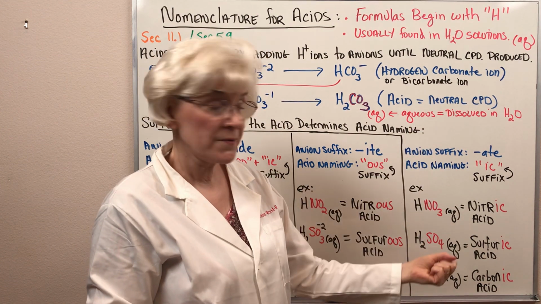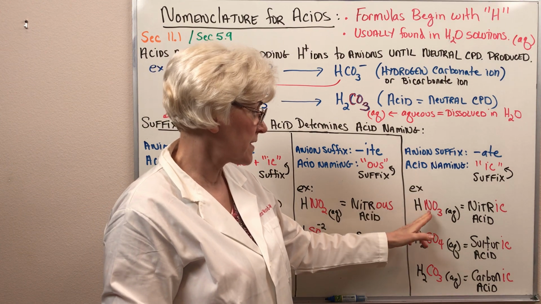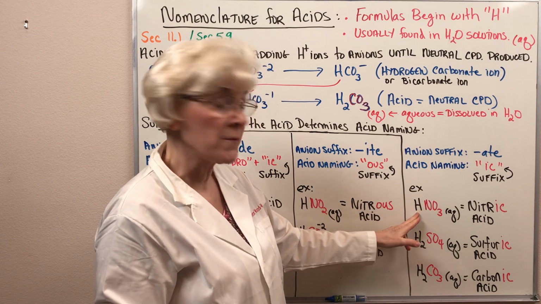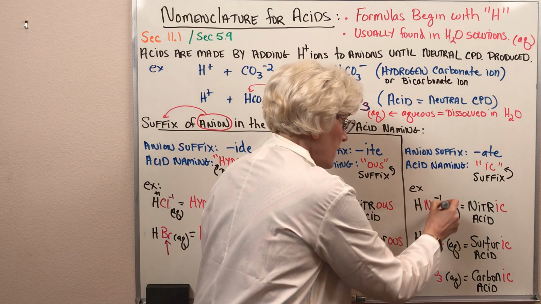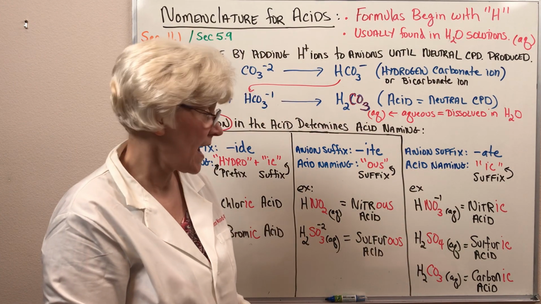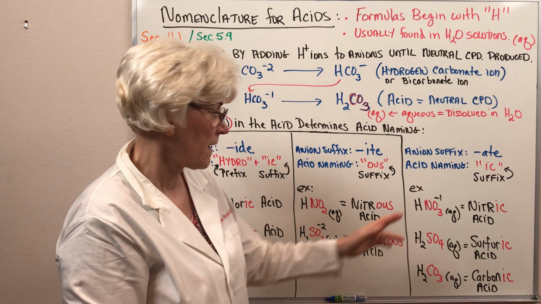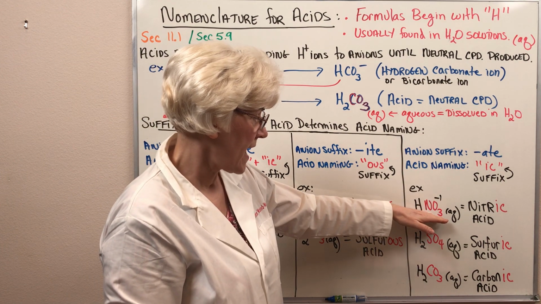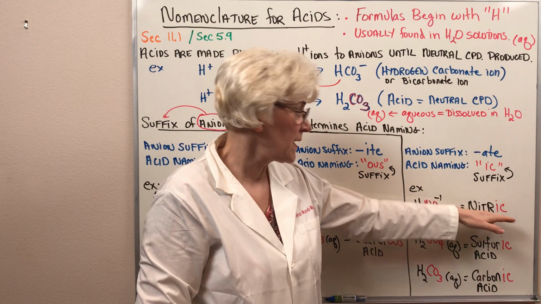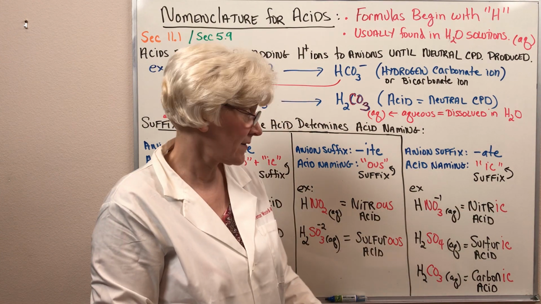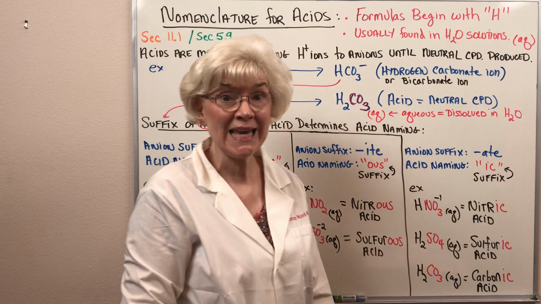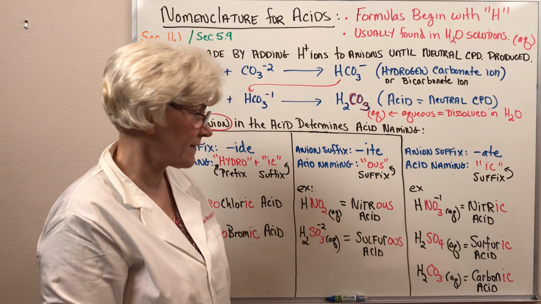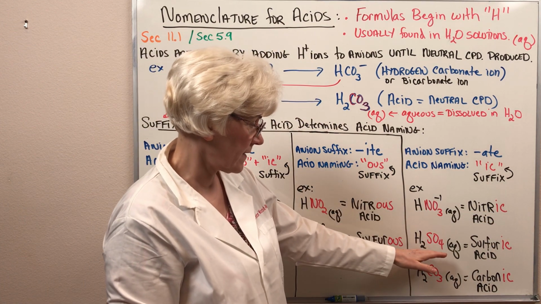So we're going to drop that "ate" ending off of nitrate when we form the acid by adding 1 hydrogen ion based on the fact that nitrate has a -1 charge. So the acid formula, HNO3, will be named nitric acid, dropping the "ate" off of nitrate and using the "ic" suffix for the acid, nitric acid.